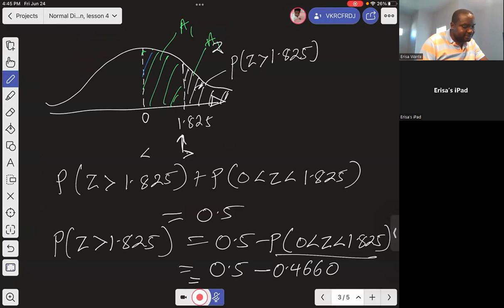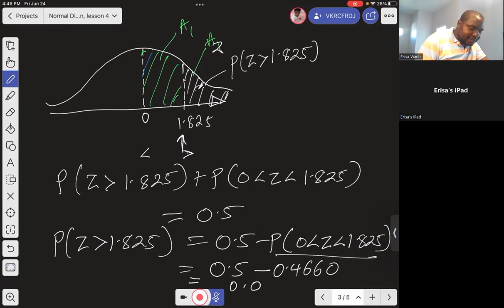You do the subtraction, and I'm quite sure you'll end up with exactly the same thing. You can use the calculator, there's no problem, but this is just some kind of mental work. 0.5 minus 0.4660 is 0 point, this is a 0, then you have a 9, 10, so that is a 4, and then you have here 9, which is a 3.